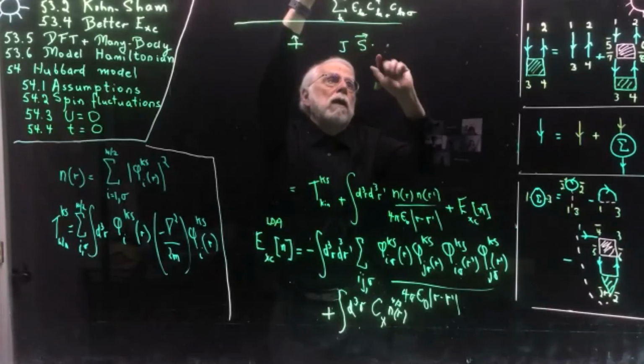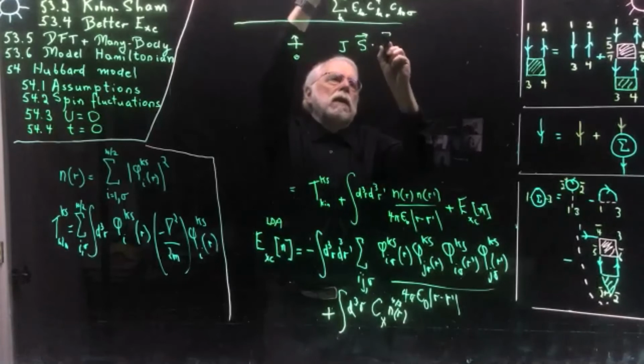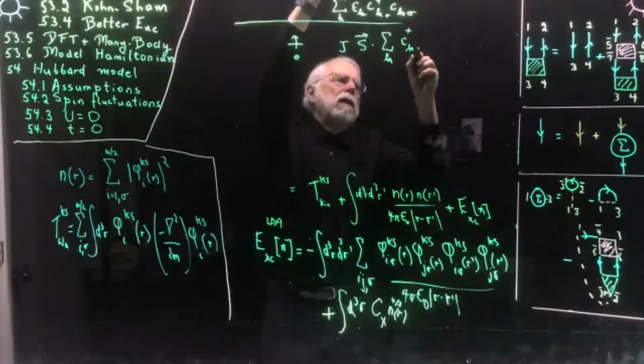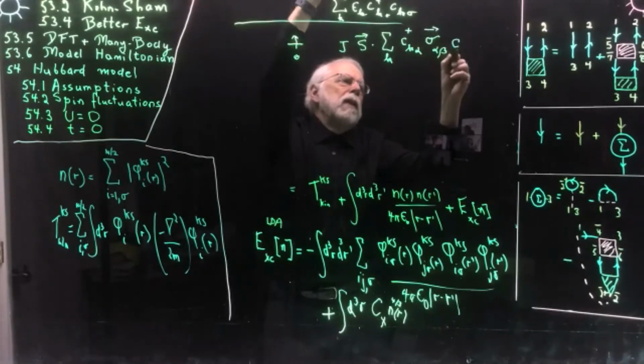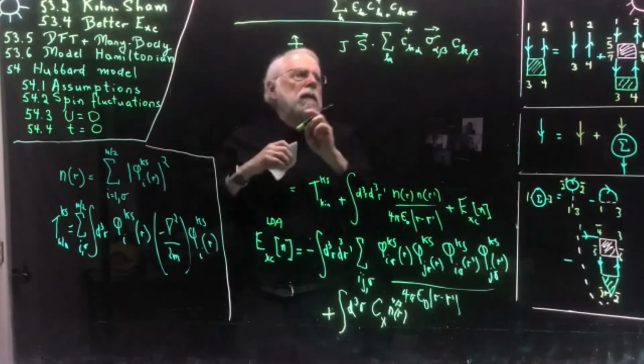So the spin of the electrons at position 0 is local, just the sum over all k values of c†_{kα} σ_{αβ} c_{kβ}, where these are Pauli matrices and α, β are spin indices.